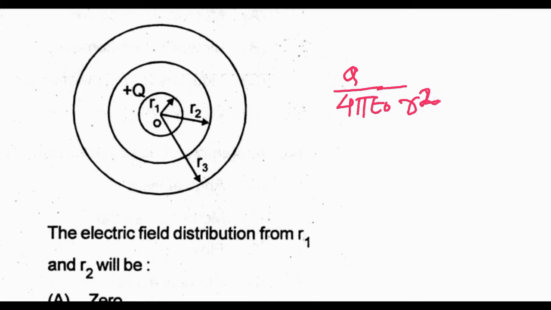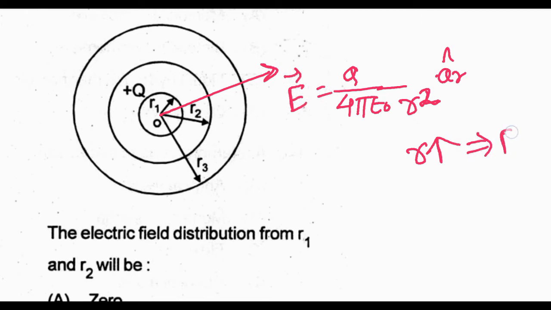This is the formula for electric field, and ar cap is the radial vector in this direction. That means if r increases, E will decrease in terms of 1 by r square, whatever the medium is.